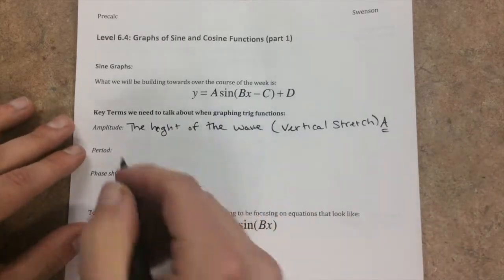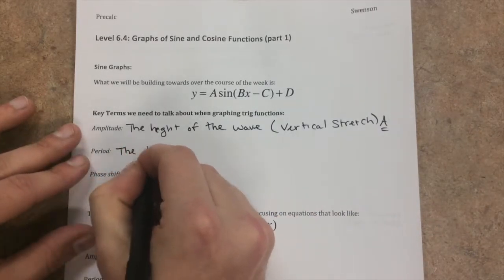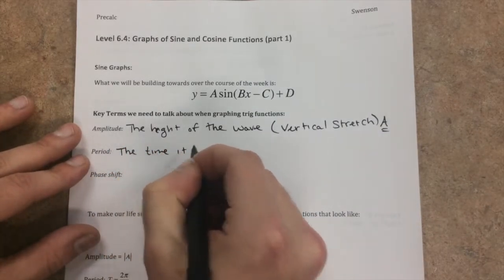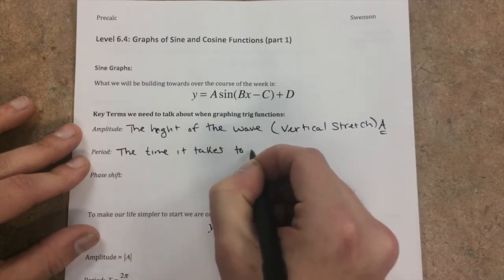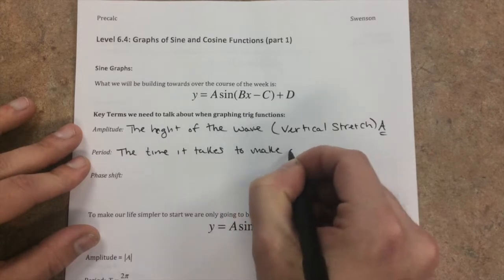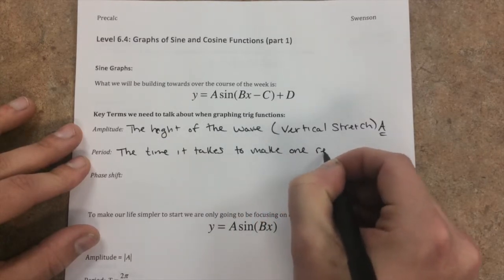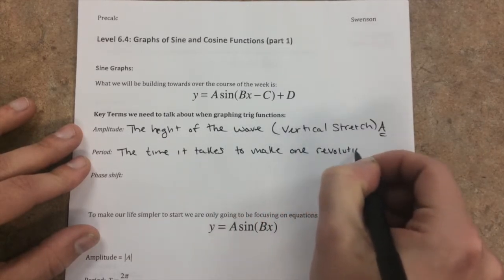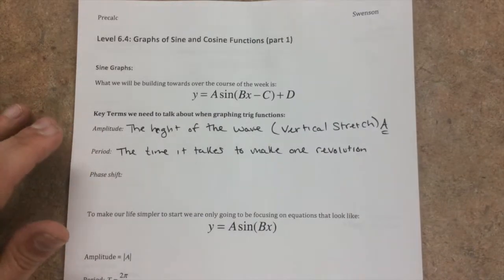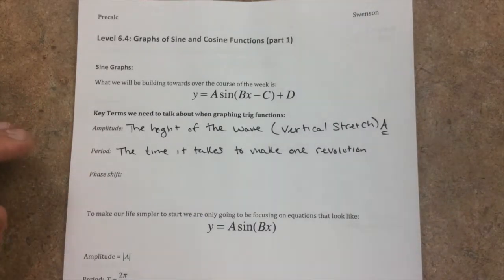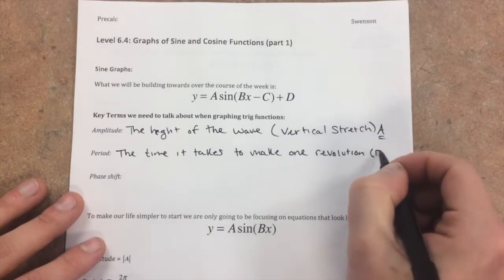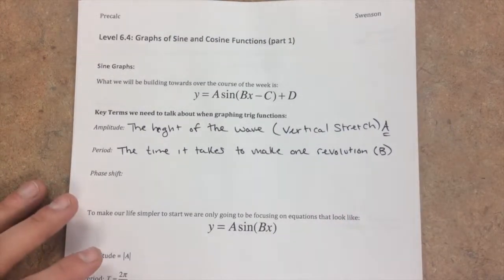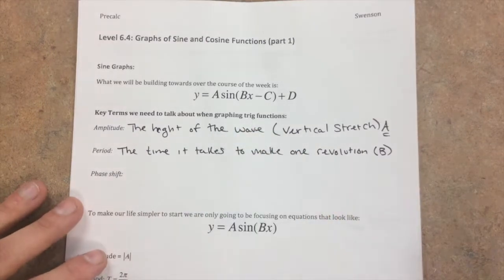Our period means the time it takes to make one revolution. So what we're looking at is how long does one of these take to go around one time on the unit circle. And the B term really influences this. So period always goes with the B term.